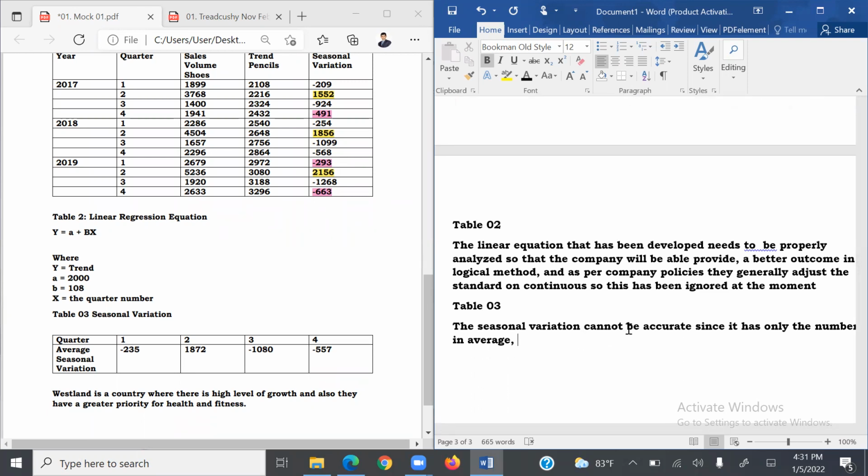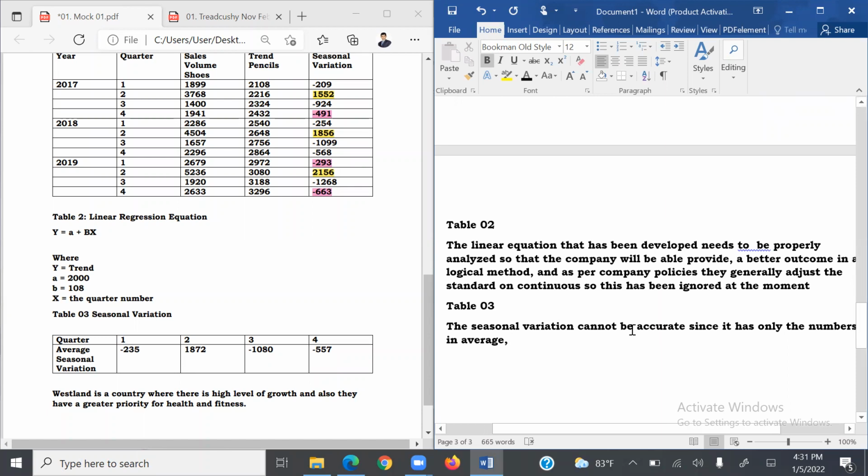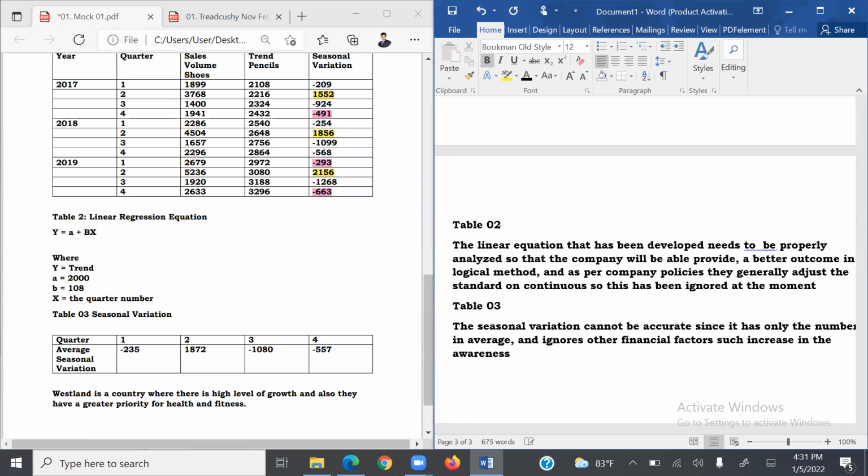Get the point of view as much as possible, because it has only the numbers in average and ignores other non-financial factors such as increase in the awareness of recycling shoes, eco-friendly shoes. So students, these are daily becoming a need for the people, eco-friendly shoes. So this is a basic understanding here.